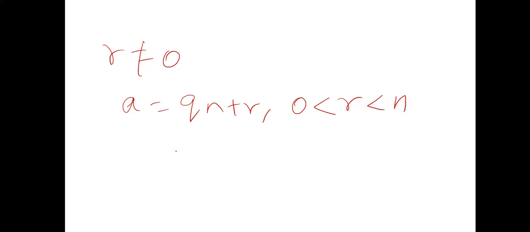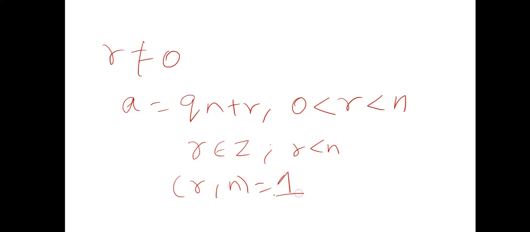So right now we have this. A is any integer, but R is an integer that is less than n. And moreover, if you find the GCD of R and n, that will be equal to 1.